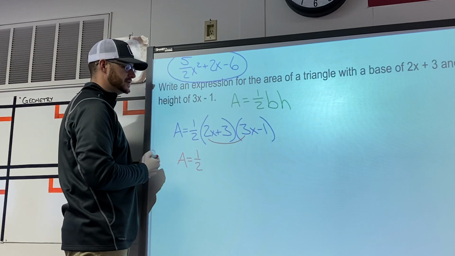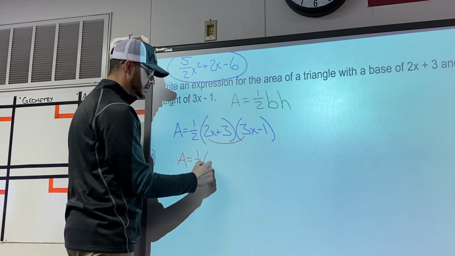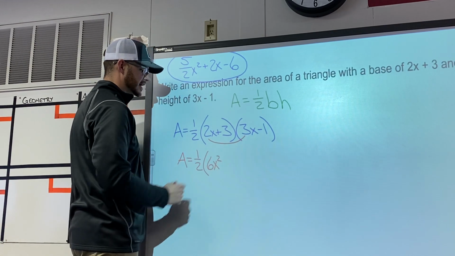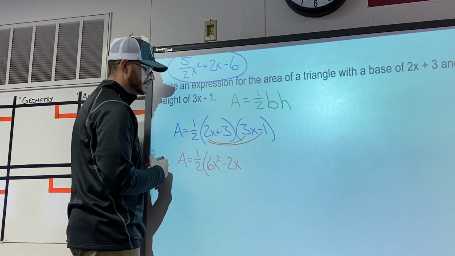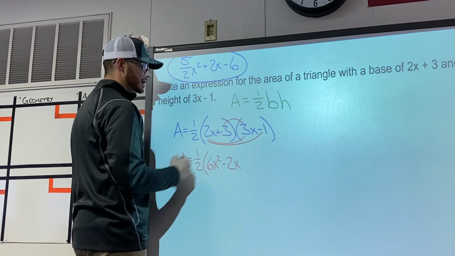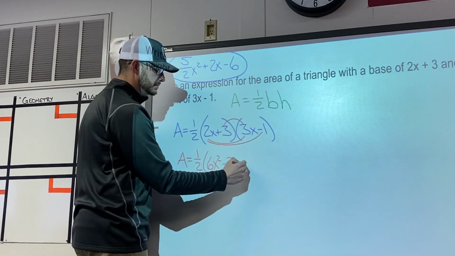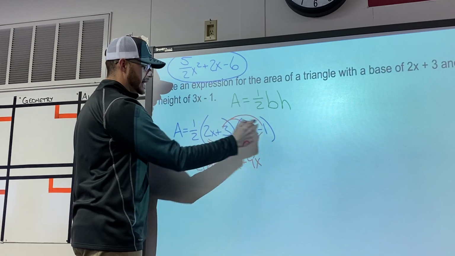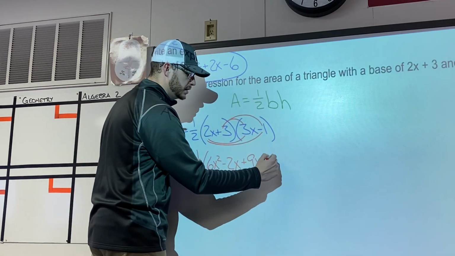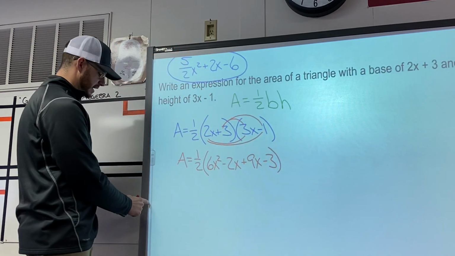So first term, 2x times 3x gives me 6x squared. 2x times negative 1 gives me negative 2x. The inner terms, 3 times 3x gives me a positive 9x. And the last, 3 times negative 1 gives me a negative 3.